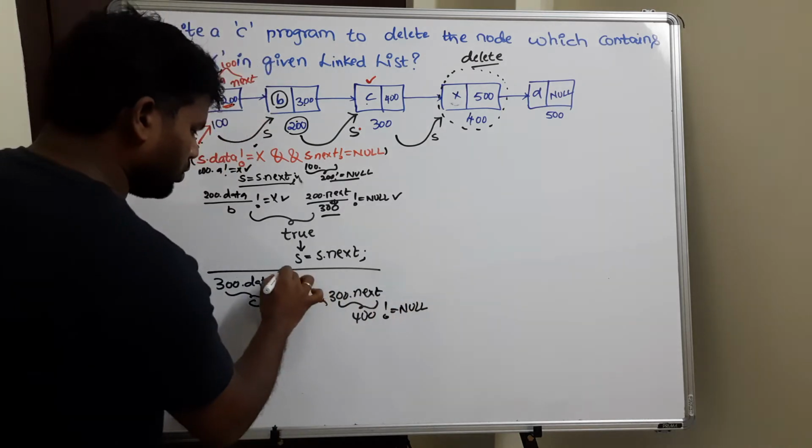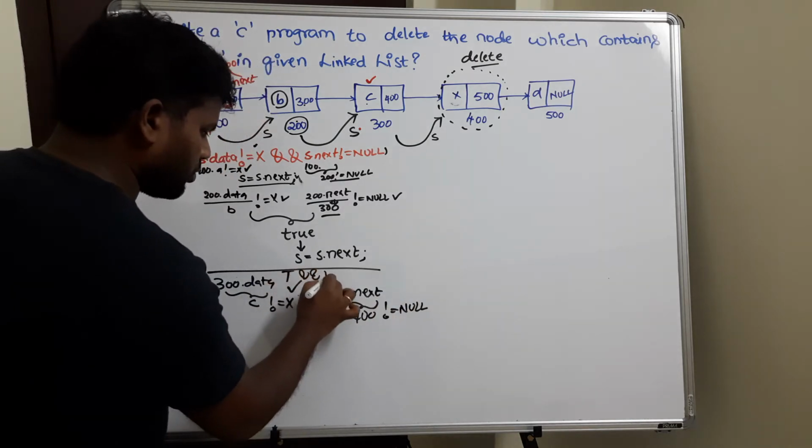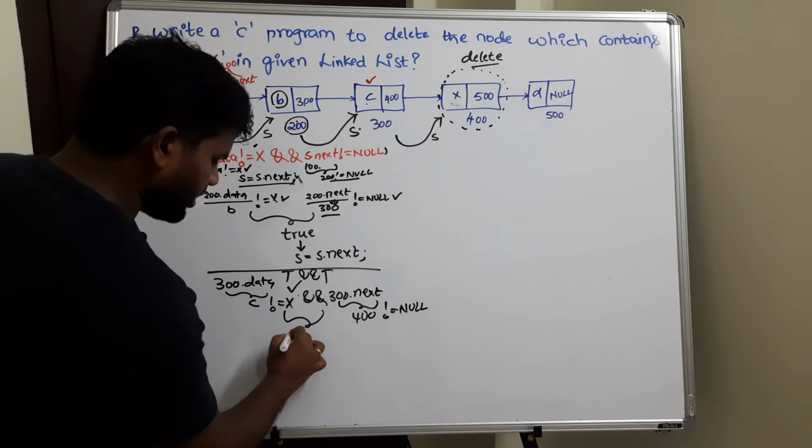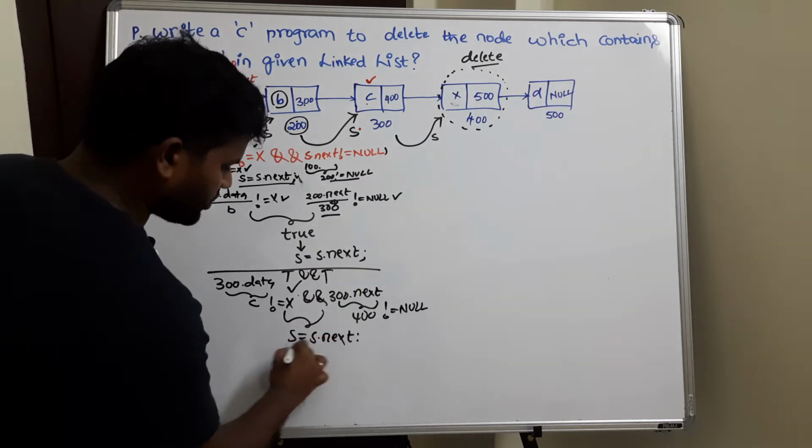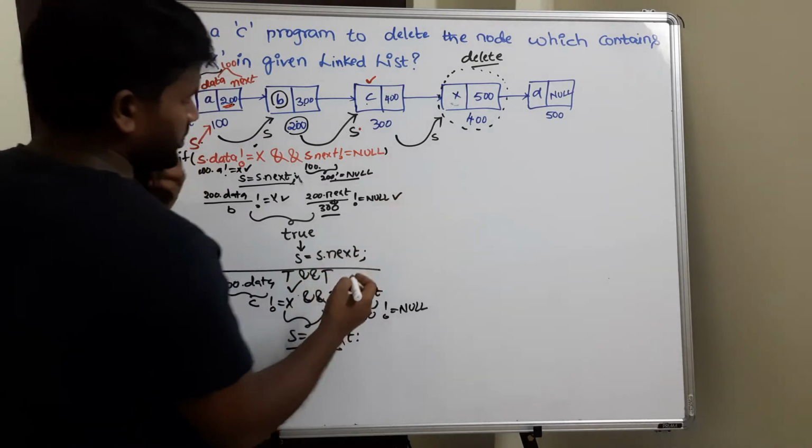So true and true gives s is equal to s dot next. That's why we move here.